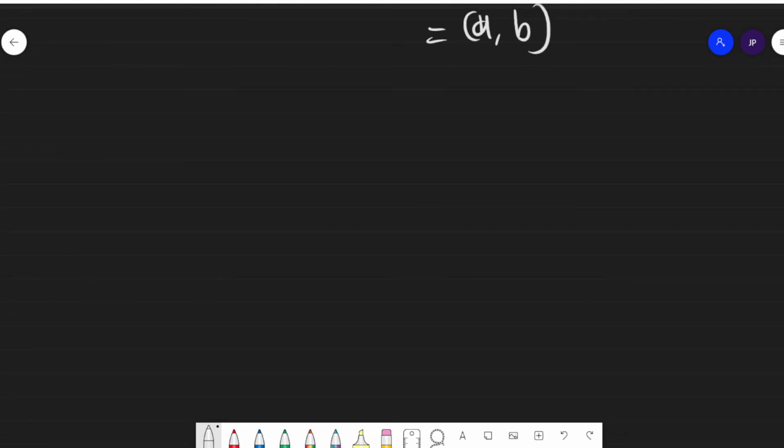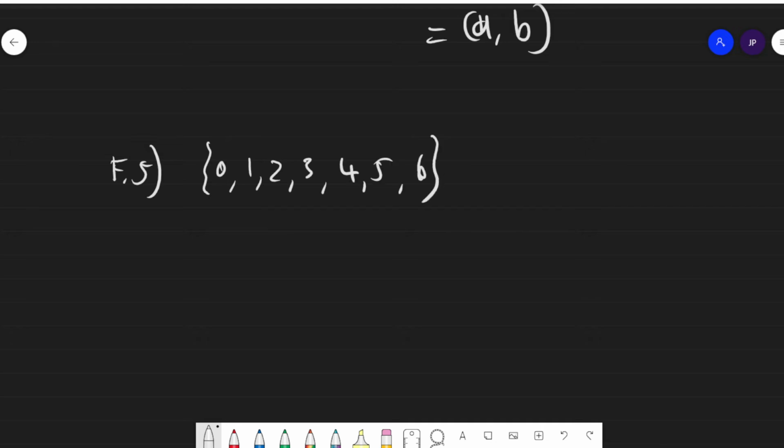Now we have to show for field condition 5 that we have an additive inverse. Okay, so if I write down the field like I did above, then I know that 1 has an inverse in 6. So 1 plus 6 is 7, and that's 0. 2 plus 5 is 7, 0. 3 plus 4 is 0.